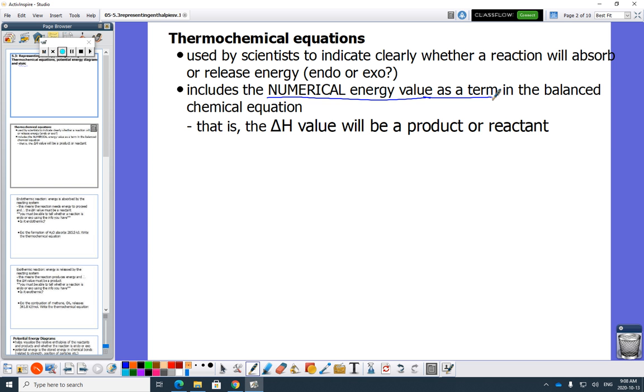So if the energy value is a reactant, then it's required for a reaction to occur, which makes sense. You have to put energy in, and then vice versa, exothermic. If the energy is a product, then you're going to get it out. You can use it, and we use these reactions all the time. We heat our homes, we drive our cars, we make our bodies work because we have reactions that release energy.